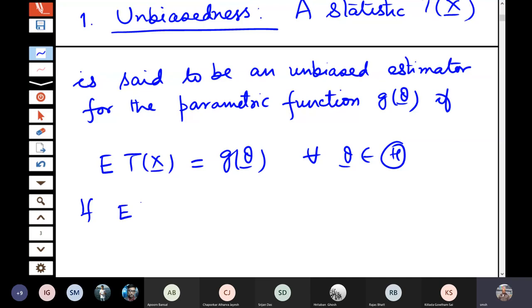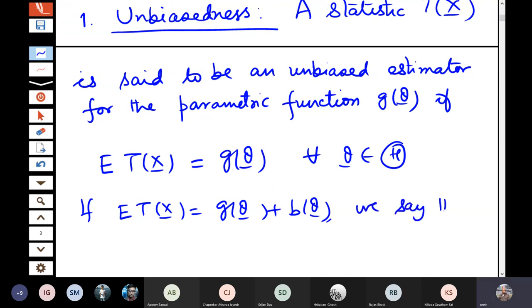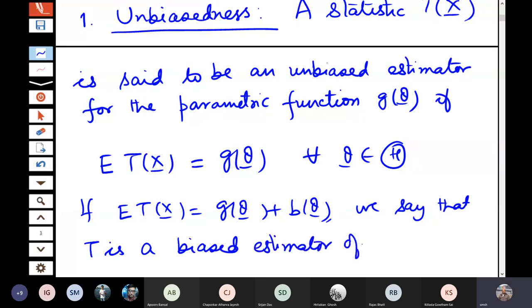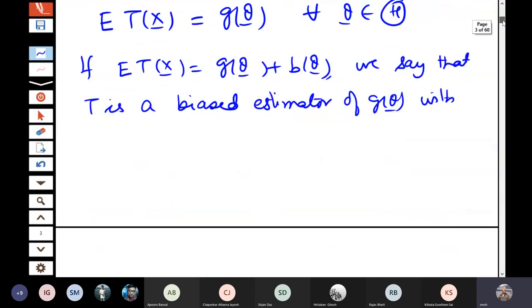So if expectation of T(X) is equal to, say, g(theta) plus b(theta), we say that T is a biased estimator of g(theta) with bias b(theta).